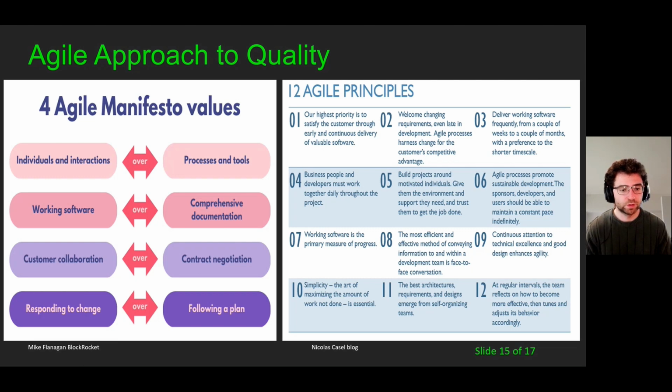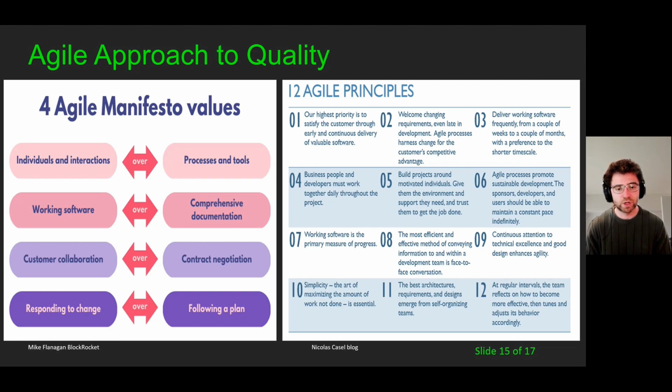Working software over comprehensive documentation. Covered this in the project management video, but basically, right, traditional project management, you have 12 management plans. You do all that planning right up front. Literally no work gets done at this point. You're just planning everything, and you're hoping really that everything will go according to that plan.